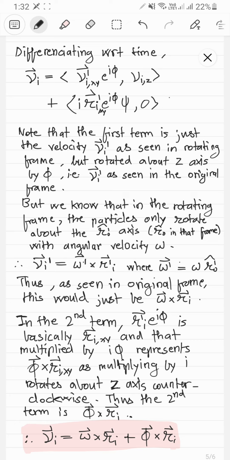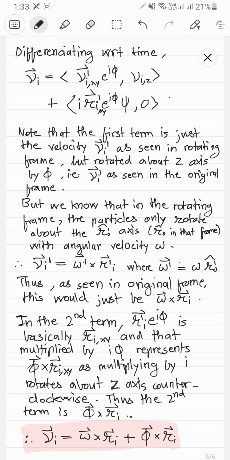But then you're multiplying that by i, so you're rotating anti-clockwise about the z-axis by 90 degrees, but at the same time you're also multiplying by psi, and psi is also along just the z-axis. So essentially you are rotating anti-clockwise by 90 degrees about the psi vector, and then also multiplying by the magnitude.